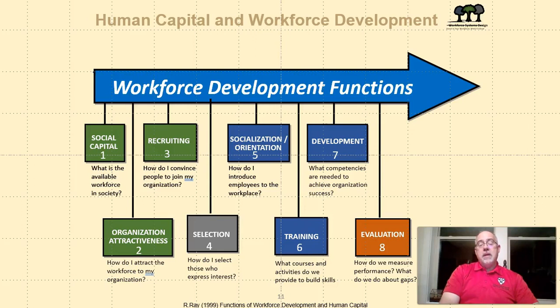Evaluation will sometimes take the form of performance appraisals. And when we talk about performance appraisals at Workforce Systems, we're not talking about lining people up outside the supervisor's office once a year and having them roll in and read a few notes off of a performance development form.